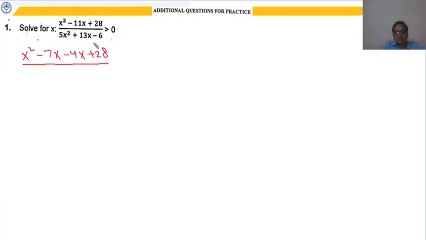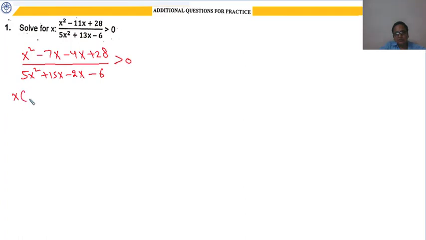In the denominator, 5 into 6 is minus 30, so we require two factors whose sum is positive but product is negative. So 15 and minus 2. We write 5x square plus 15x minus 2x minus 6. This has to be greater than 0.